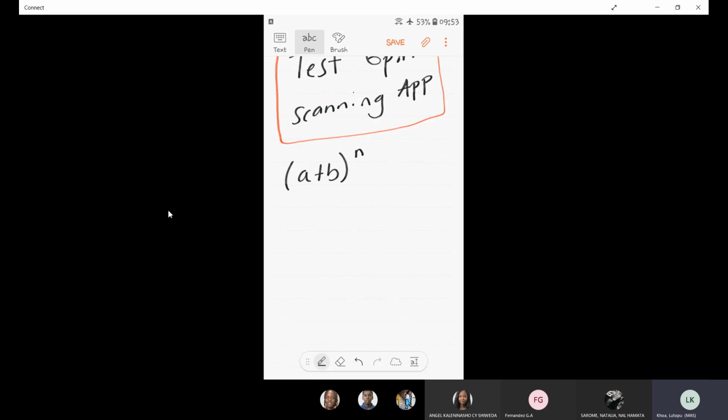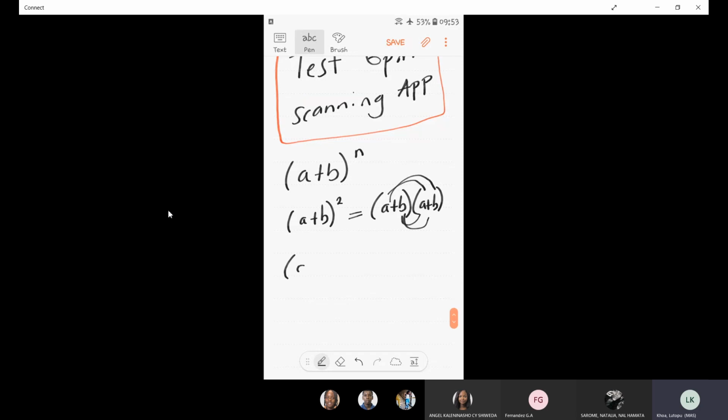For example, a plus b to the power of 2 is just a plus b multiplied by a plus b, and you know the rule that the a must multiply everything in the next bracket, and the b must multiply everything in the second bracket. That's not difficult.